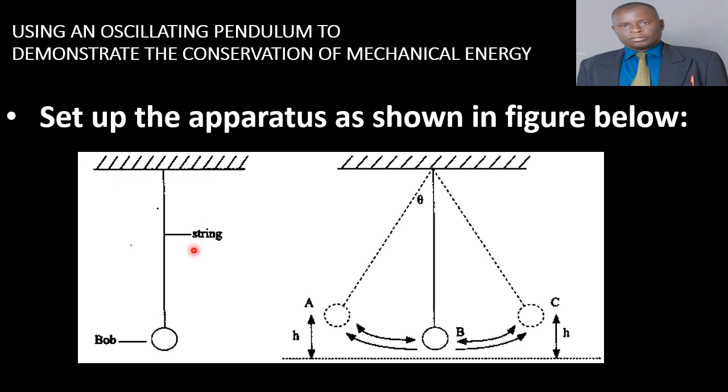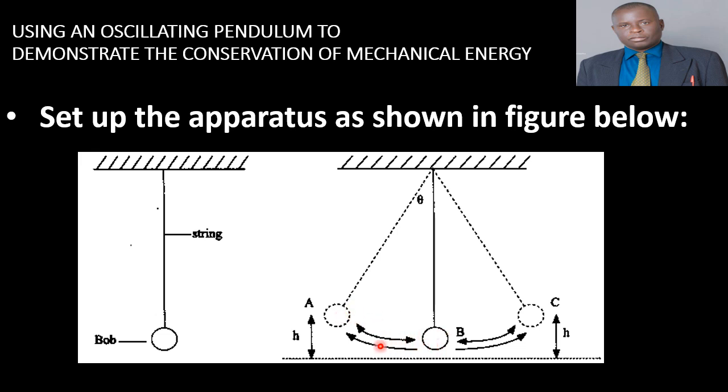And it is supported somewhere there. The support here can be something simply like a clamp and a stand, or retort stand, sometimes we call it. So you attach a string to which a mass is attached, so that this mass can be displaced this way, so that it will be free to swing from one point to another. If you give this bob a small displacement, you just swing it free using a hand.